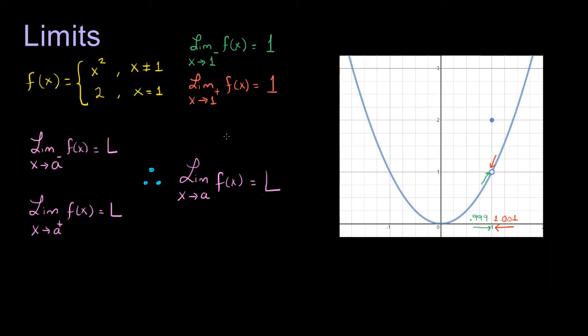This is purely mathematical, but the idea behind it is, if you approach a number from the right and from the left and you get to the same value, just like here you go to the same 1 and 1 here, that is to say that the limit exists and has the value, in this case, L. And for the example here, I'm going to write it in here because I'm running out of space.